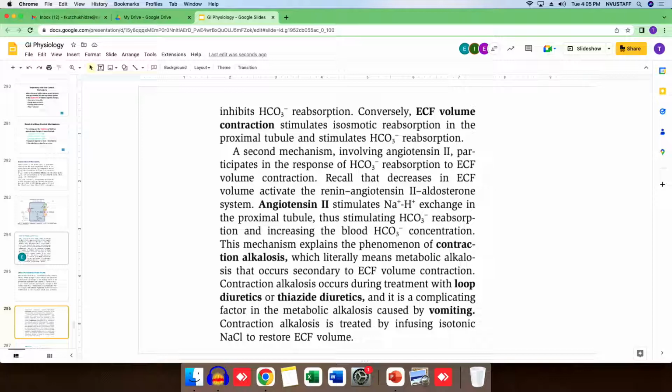When loop diuretics or thiazide diuretics are given to a patient, we're having contraction alkalosis. And when we're having vomiting, we're having metabolic alkalosis.